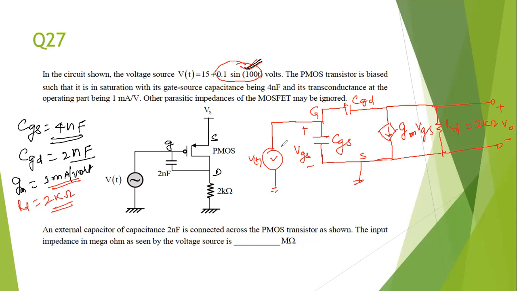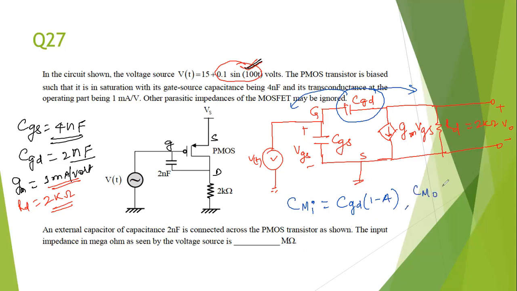Now this is the case of Miller capacitance. Now this CGD is reflected at the input as well as at the output. So CMI, the Miller input capacitance, is equal to CGD into 1 minus A. A is what? Open loop voltage gain. And what is CM naught?